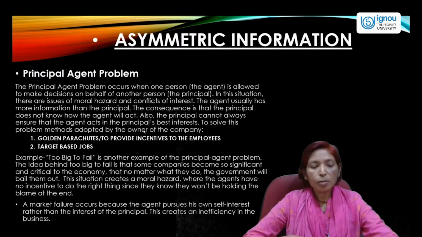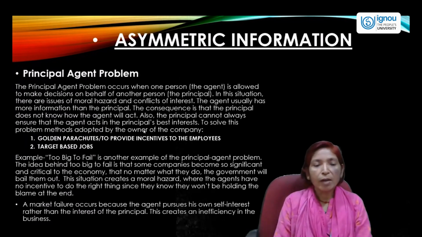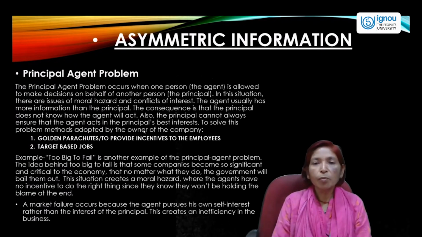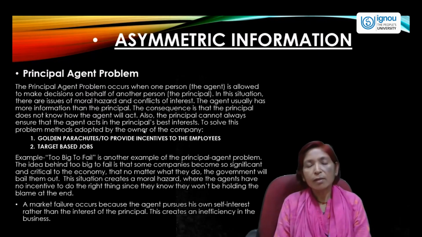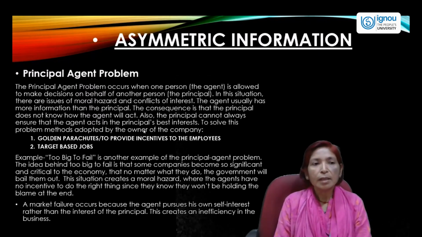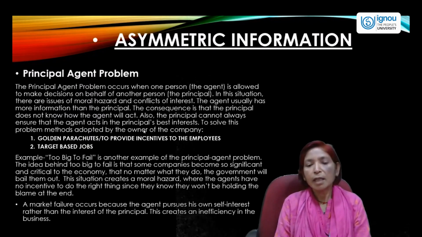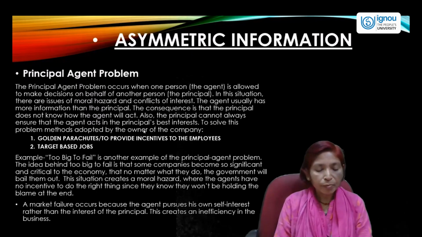And golden parachute means benefits. When a firm provides benefits to employees to do more work and to motivate them to make more effort for the company's benefit, that is the main solution to this principal agent problem.